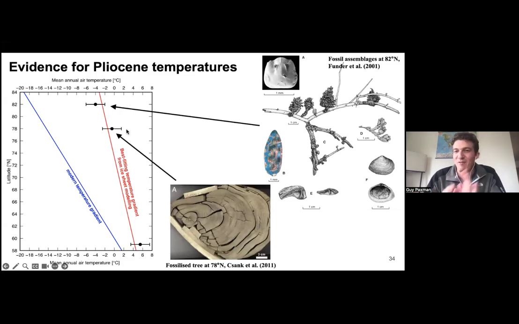I've got about 2 data points here, so I'm not going to draw any strong conclusions from this, but they are relatively consistent with the temperatures that we're inferring to have been necessary to model the extent of the ice that we're seeing evidence for in the east and the south of Greenland.